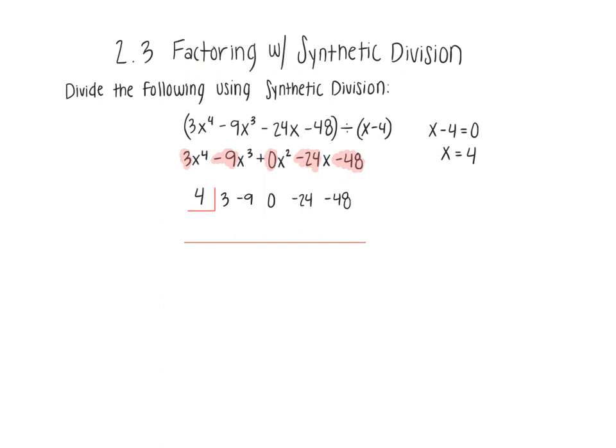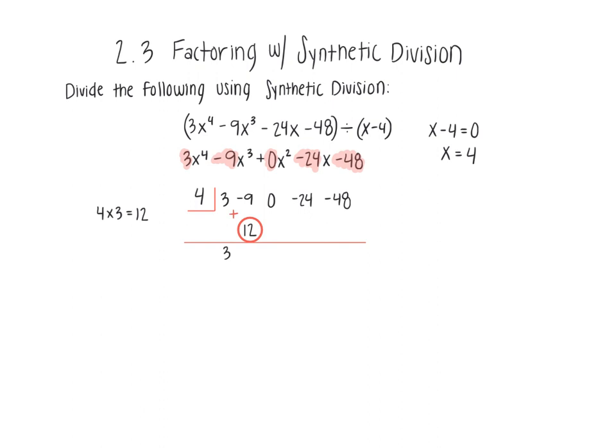Nothing ever needs to be done to the first coefficient, so we just go ahead and bring that down. Now you multiply the first coefficient by c, and you place that product under the second coefficient. You then add that value to the second coefficient.